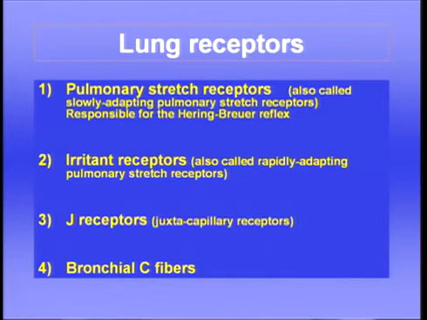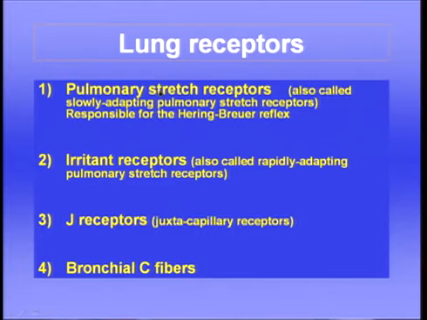First of all, there are the pulmonary stretch receptors. Now, the ends of the receptors themselves are probably in the wall of the airways, and they respond to the increase in volume of the lung. Some people call these slowly adapting pulmonary stretch receptors. Sometimes you'll see that term rather than stretch receptors.